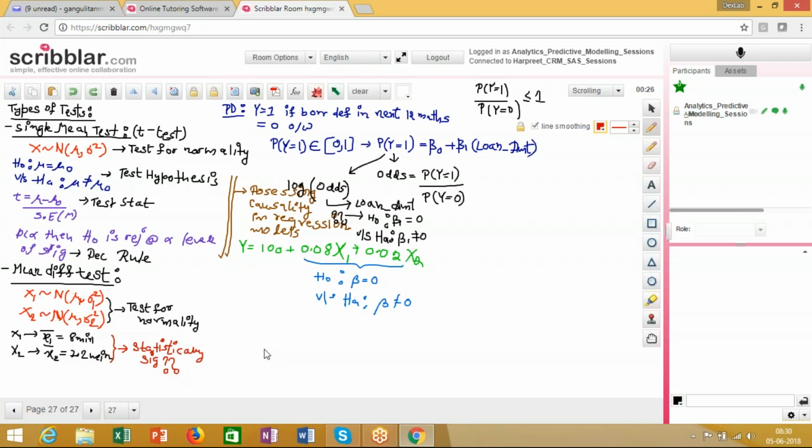So now what I need to investigate is whether this difference is statistically significant or not.